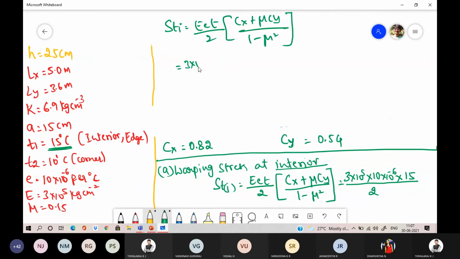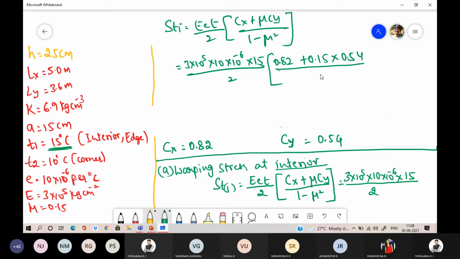E is equal to 3 into 10 power 5, into 10 into 10 power minus 6, into 15 by 2, into (Cx 0.82 plus mu 0.15 into Cy 0.54) divided by 1 minus 0.15 squared. Check how much you are going to get. Stress at interior region: 20.77 kg per centimeter squared.